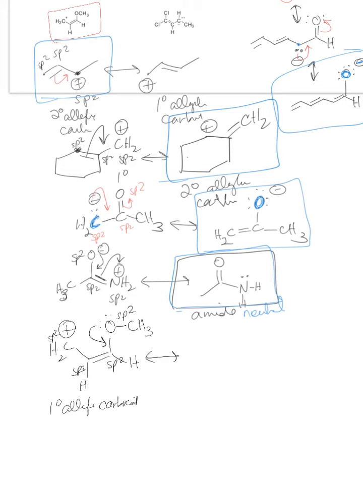Okay, so the electrons go here. These electrons go here. And then we redraw this. We get CH2 double bonded, double bond oxygen, CH3, and then your plus charge comes on the oxygen.